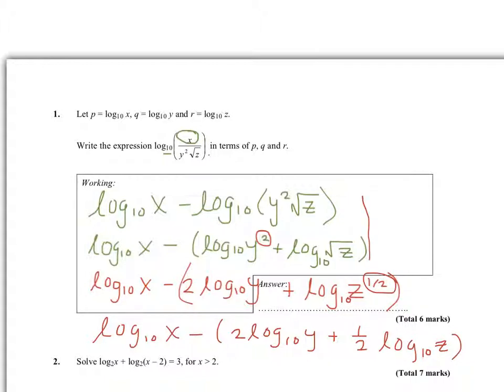Once we do that, we can say, all right, now that we've looked at that, we can replace log base 10 of x with p. We can replace this log base 10 of y with q.